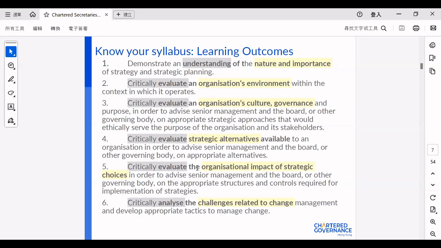What is evaluate? We'll look at some of these action verbs later on. To evaluate means that you have to discuss the pros and cons of the different solutions, the different aspects, so that you are not just describing something, but evaluating the internal and external environment.